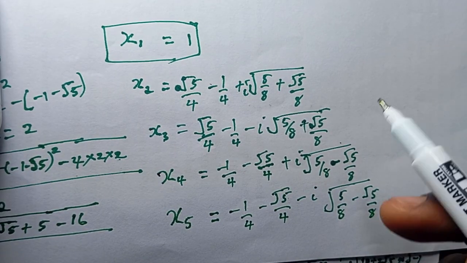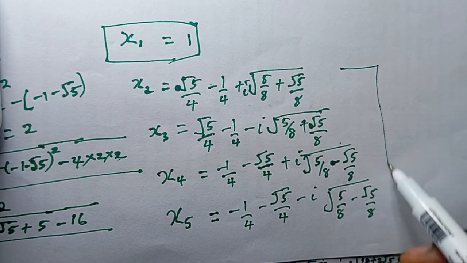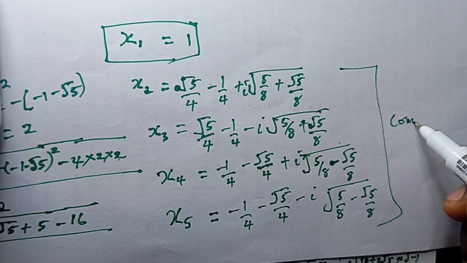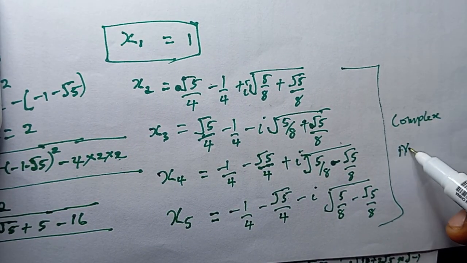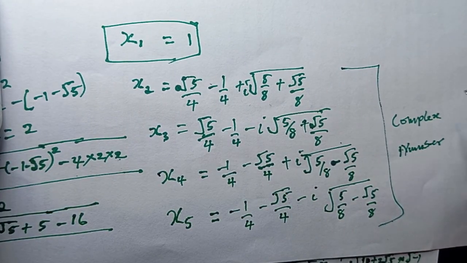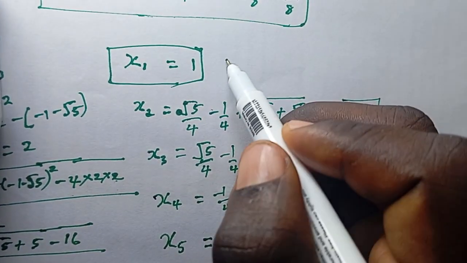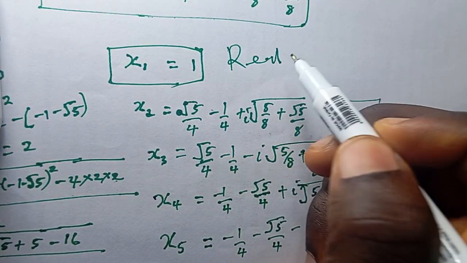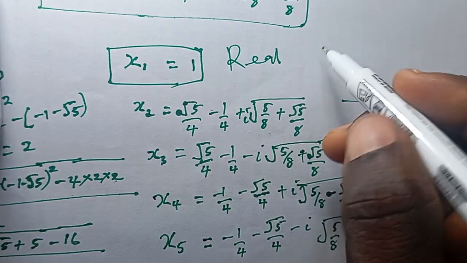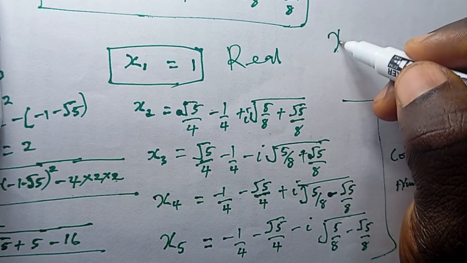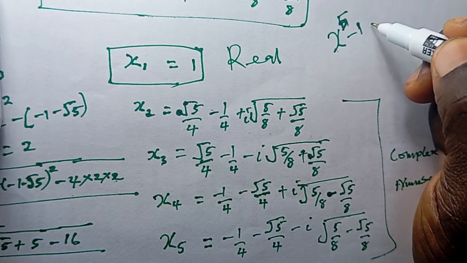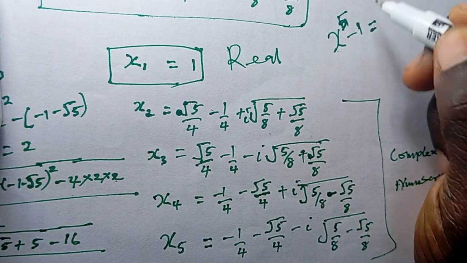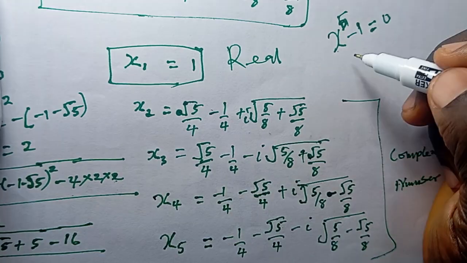So these are going to be the 5 roots of this equation, and of course these ones are all complex values, complex numbers. Okay, and then this one over here is a real number, and it is not difficult for you to check that even the real number there will satisfy the problem x to the power 5 minus 1 is equal to 0.